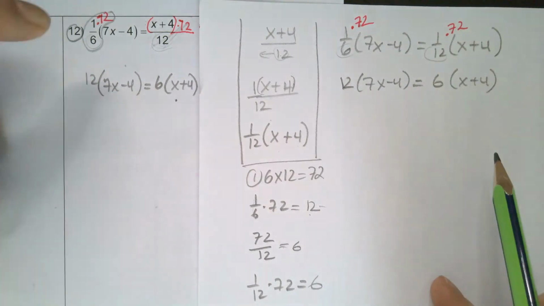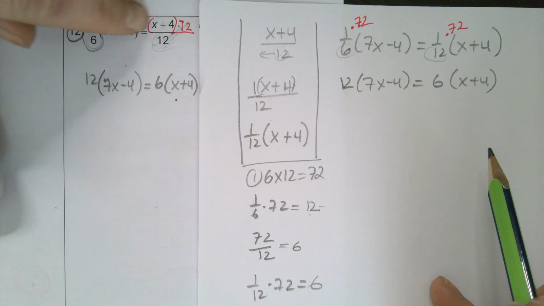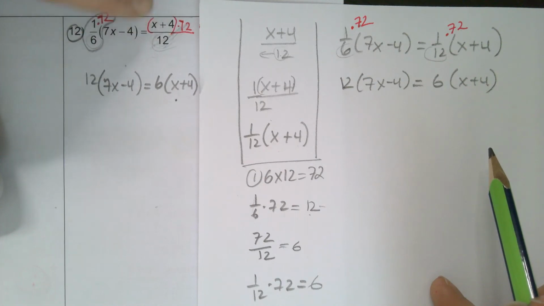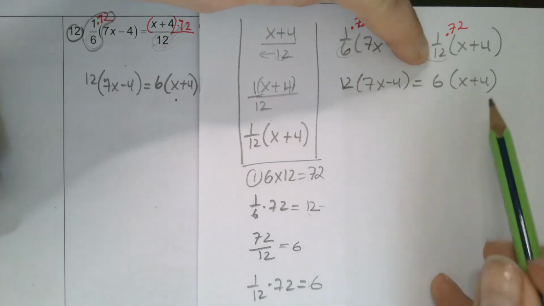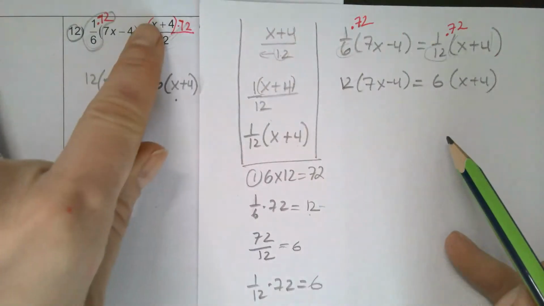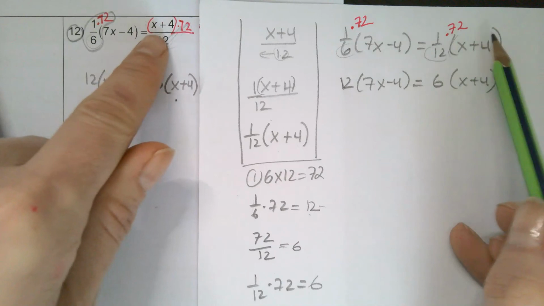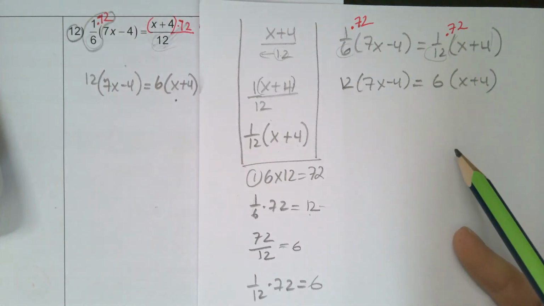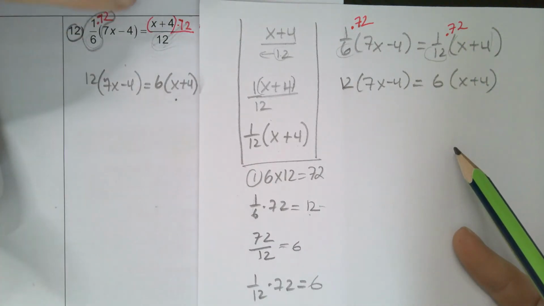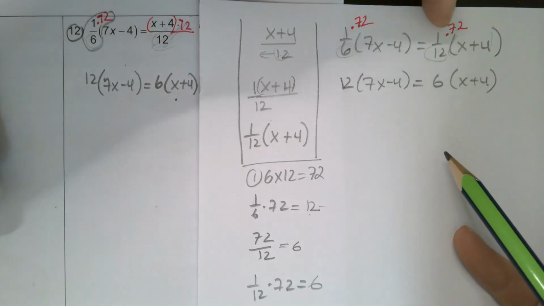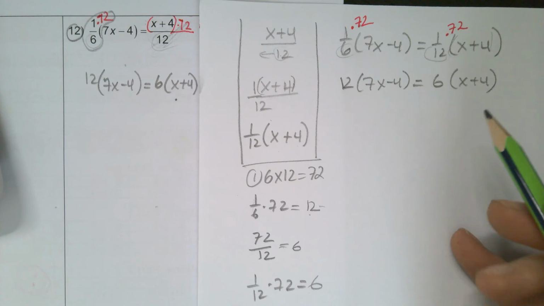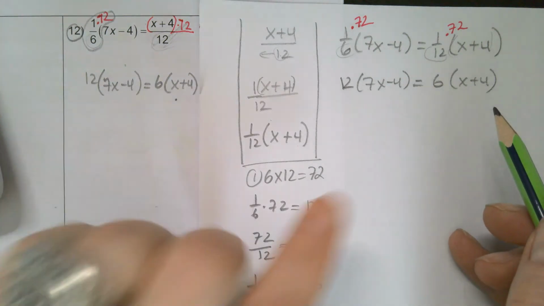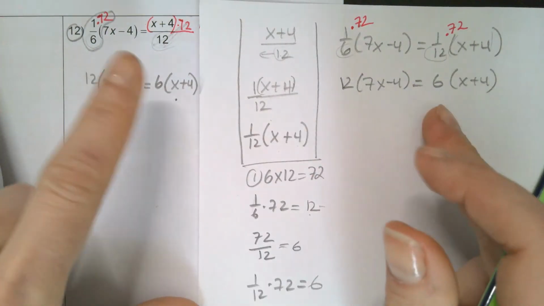So you can see I can leave it like this and just put brackets around the top, or I can bring that 12 out and make the fraction 1 over 12, but I have to put brackets around both of them. So both times I have to put these brackets, okay? It doesn't matter if you like it this way or if you like it this way. They're both the same question. It's just writing it differently. Okay, so I'll finish it here because they're exactly the same now.